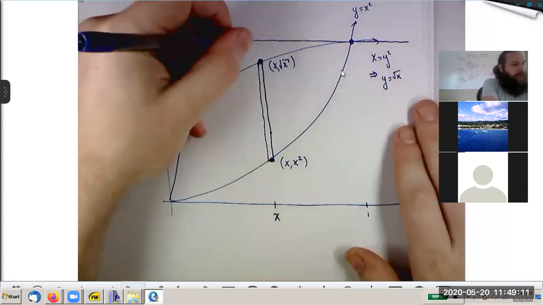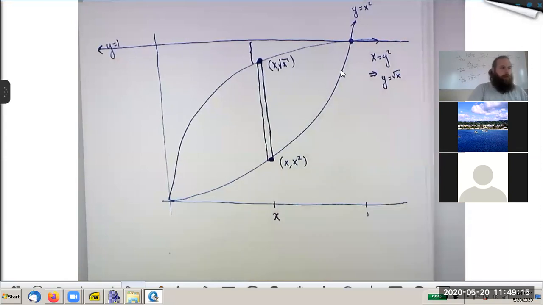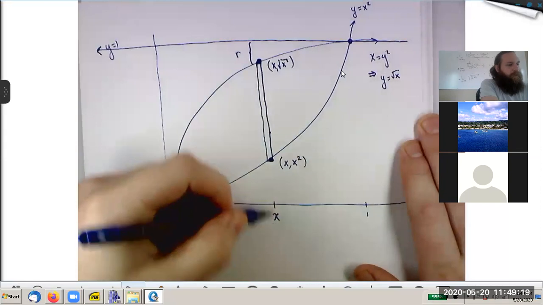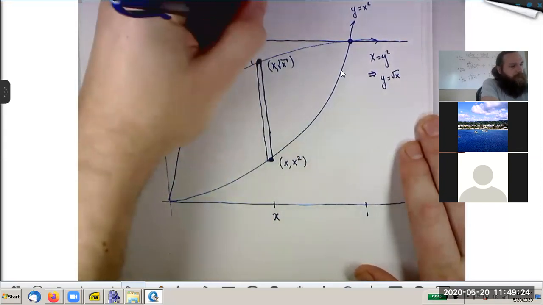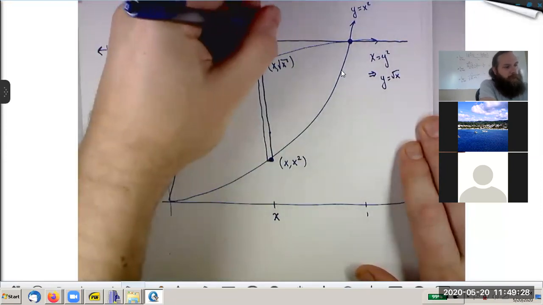So then little r is always the distance from the axis of rotation to the nearer end of the strip. If I look at a generic point along this line, its coordinates are x comma y, where y is equal to 1. So it's x comma 1.